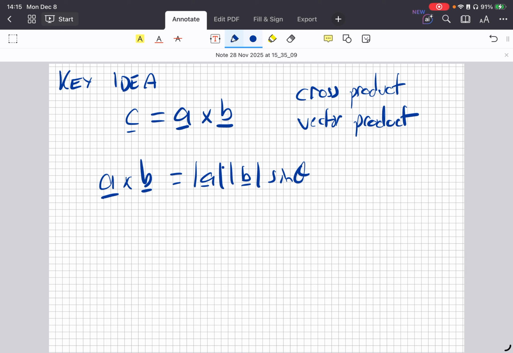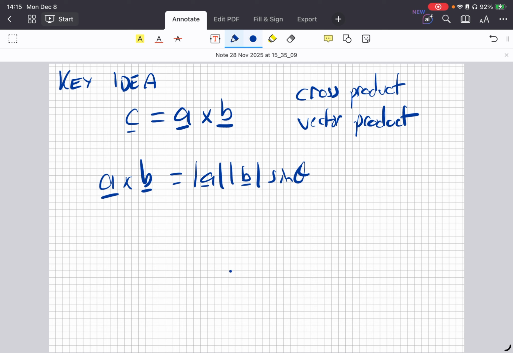In the notes we stated that the size of the vector is the magnitude of A times the magnitude of B times sine theta. The orientation of this vector is orthogonal to both A and B, or to the plane containing A and B. And the direction of that vector is computed with what we call the right-hand rule.